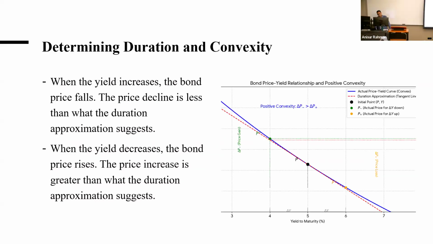Okay. Let's look at this graph. On the x-axis you have yield to maturity, and on the y-axis you have the price. Now the blue line, it looks like a straight line. It is not. It is actually curved. It is the actual price. But again, actual price requires a lot of work.